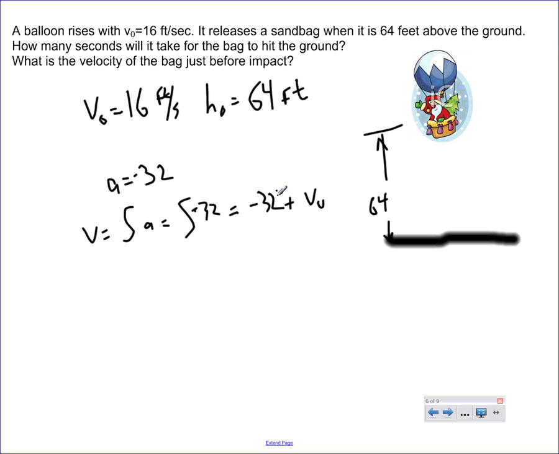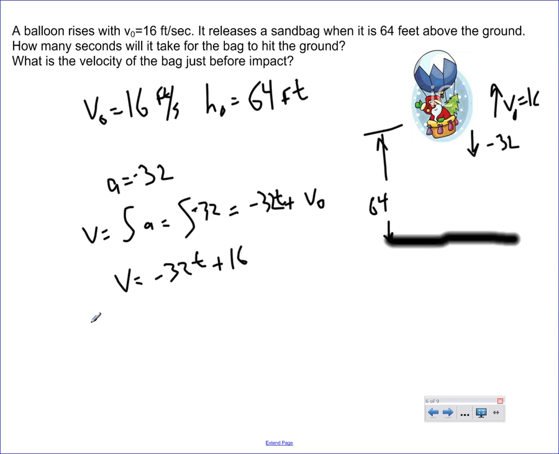So my velocity is negative 32t plus 16. It's plus because we're rising up. We've got initial velocity upward of 16, and acceleration moving downward at negative 32.